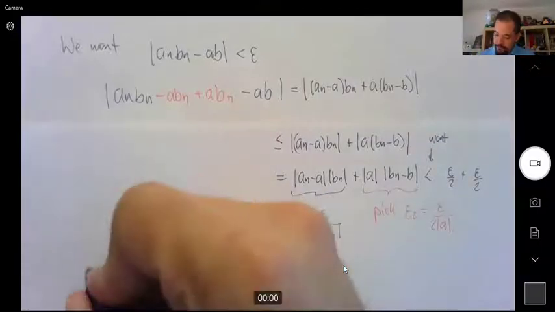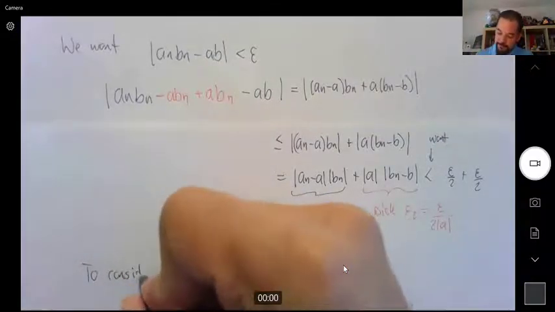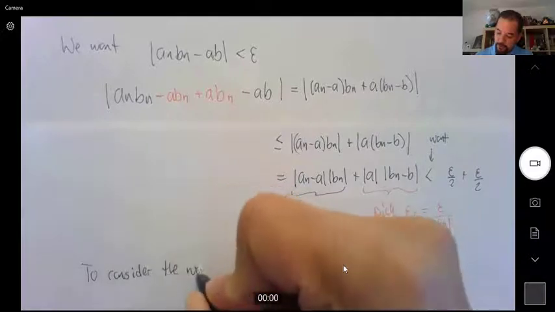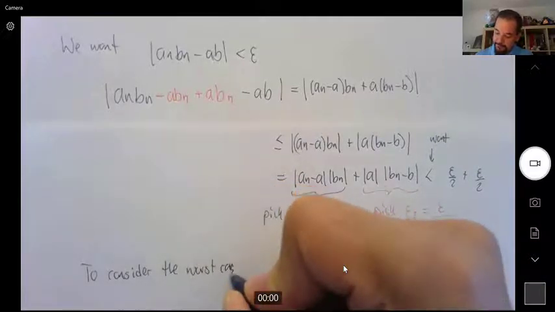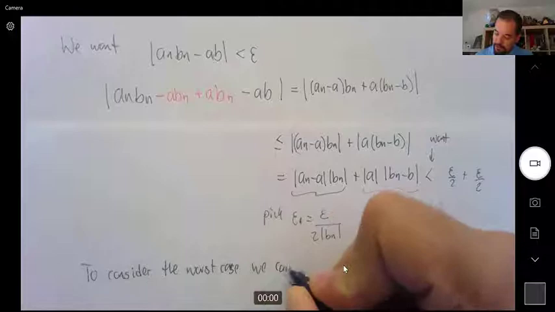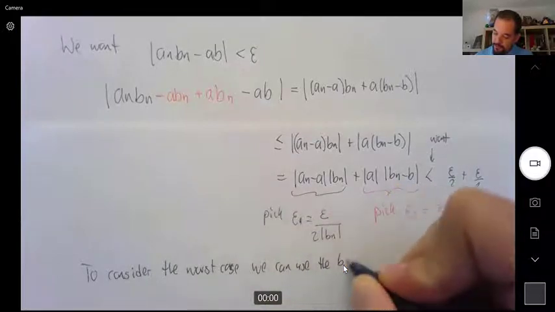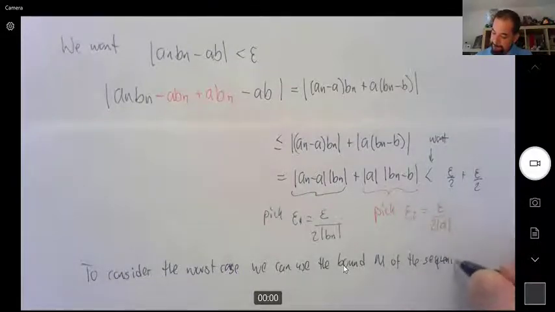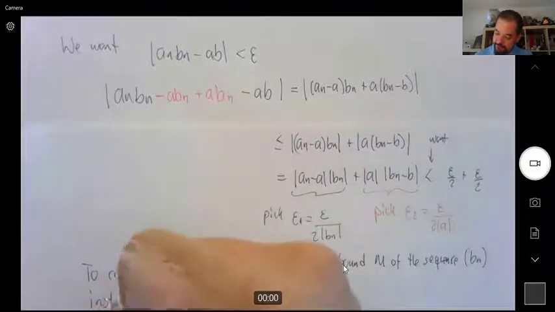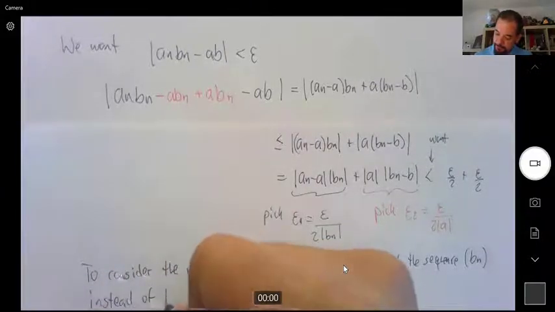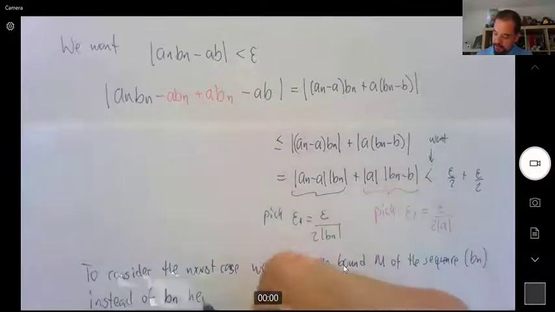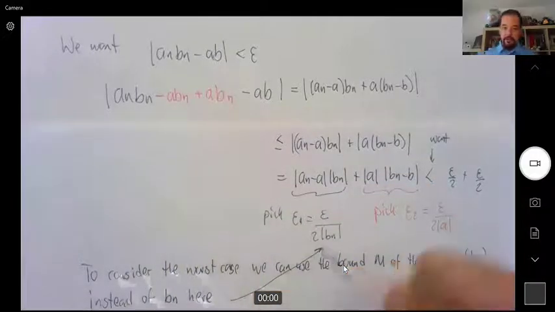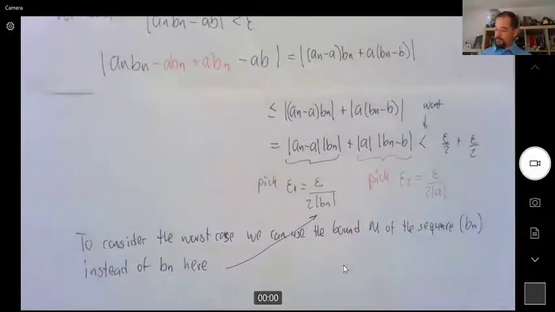So to consider the worst case, we can use the bound M of the sequence Bn instead of Bn here, right? So then the way to fix it, so this would be wrong.